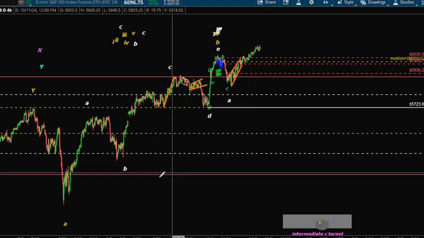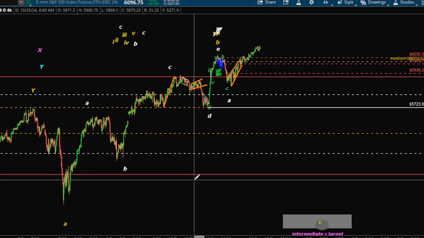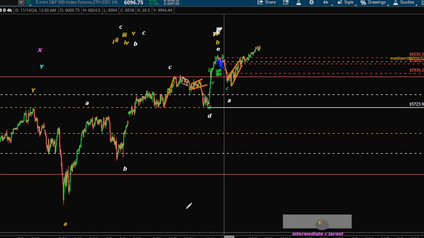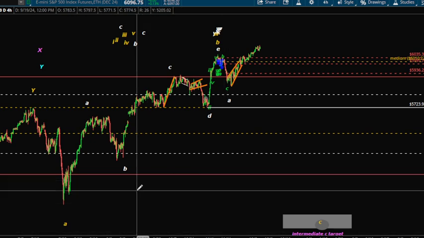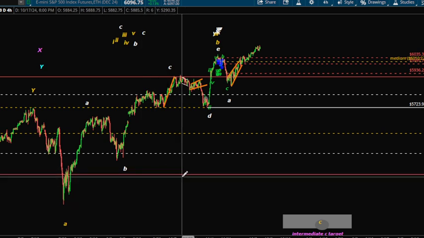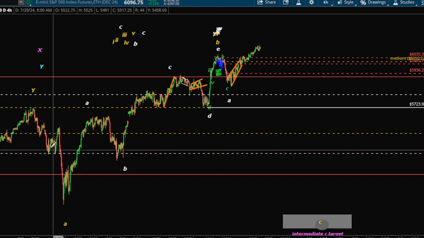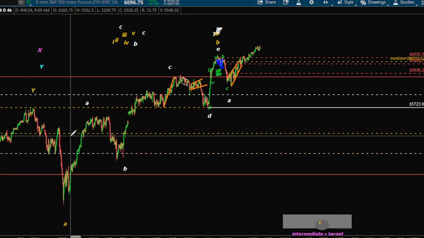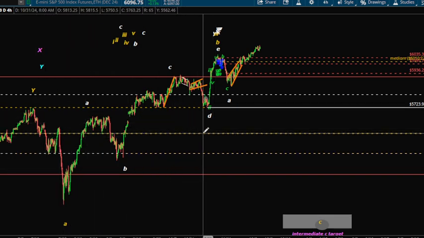And one other thing is that I've been really trying to count every move in 3 waves. It's kind of difficult to explain why, but I came across some correction moves in Elliott waves, and one that caught my eye was an expanding flat.